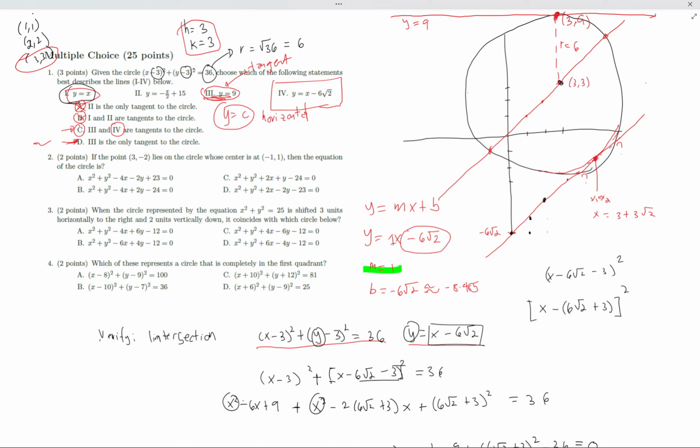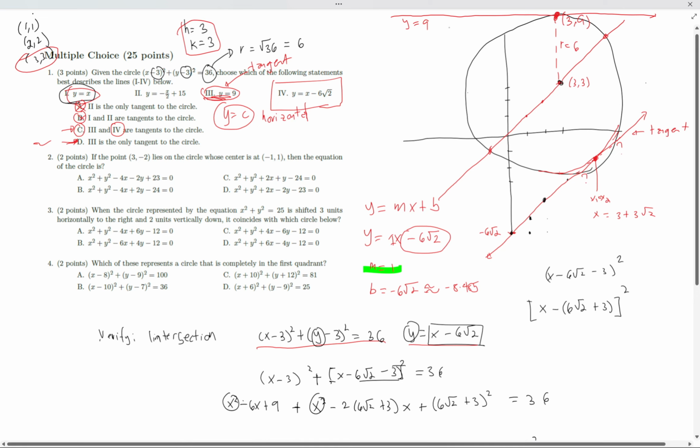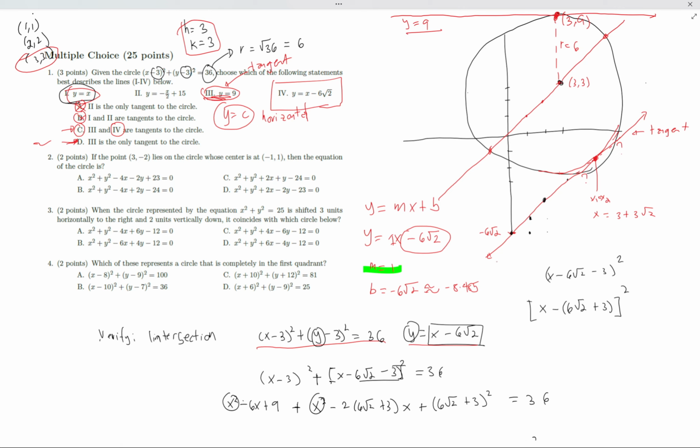Okay, so now what it is saying to us is that this line right here is also a tangent. So in this case, y equals 9 is a tangent line, and y equals x minus 6 square root of 2 is also a tangent line to the circle.